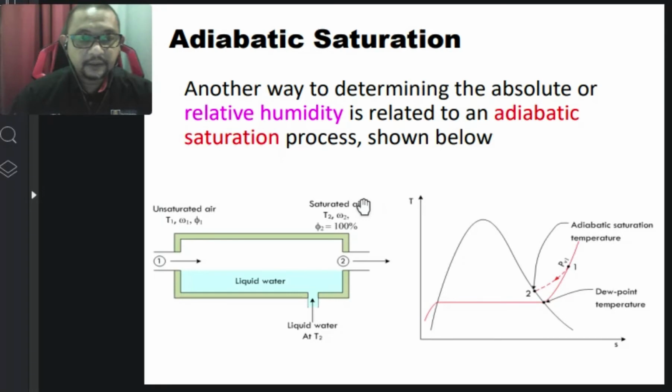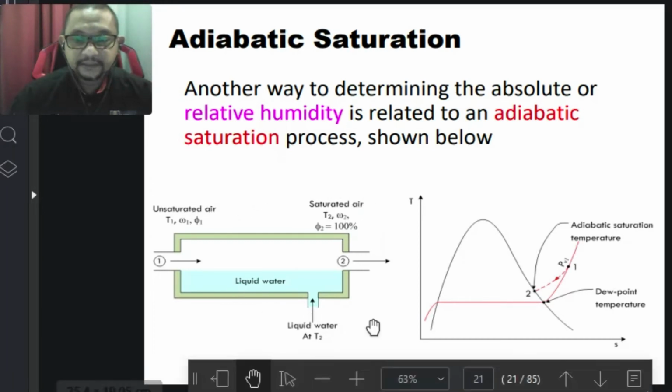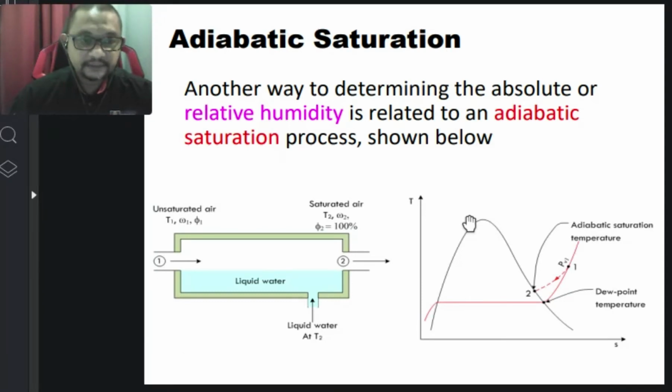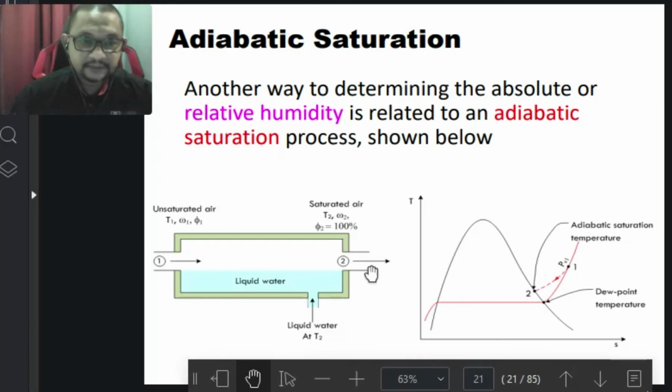So if make-up water is supplied to the channel at the rate of evaporation at temperature T2, the adiabatic saturation process described here can be analyzed as a steady flow process. This process actually involves no heat and work interactions, and we assume that the kinetic and potential energy changes can be neglected for this device.